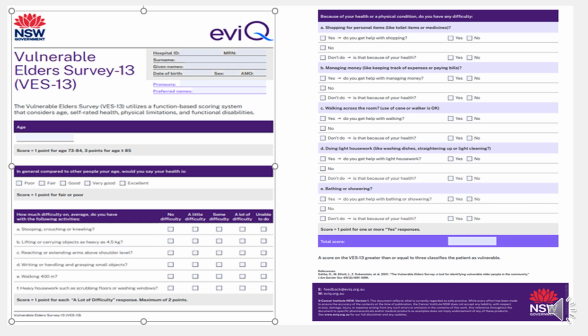So it's a function-based scoring system that considers the age of the patient, their self-rated health again, any physical limitations and functional disabilities. It just really helps predict patients who might need more modified treatment plans, and we can also use these in combination with any of the other mini mental scores or depression scores that may be needed if anything's identified by the patient.